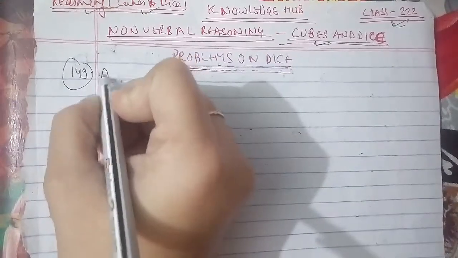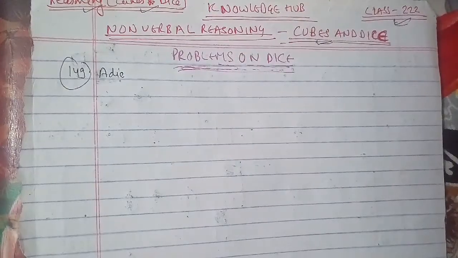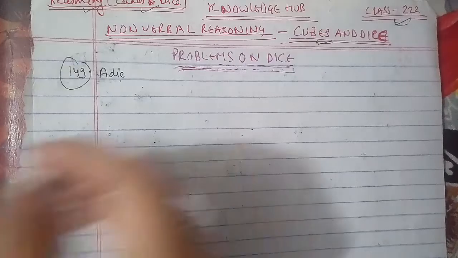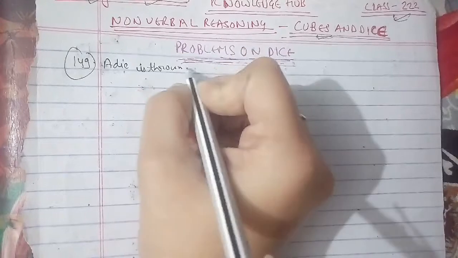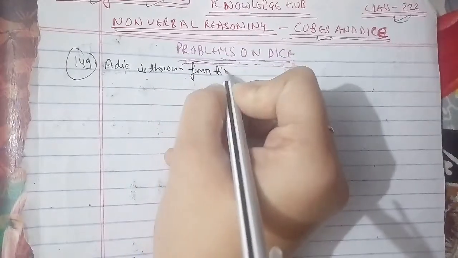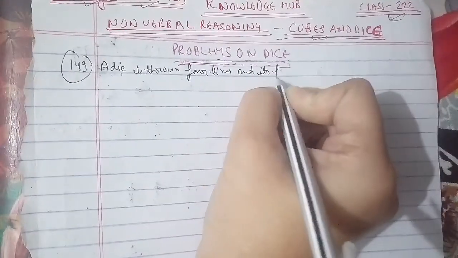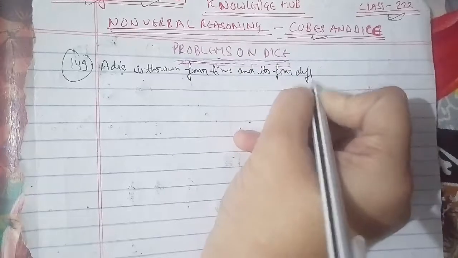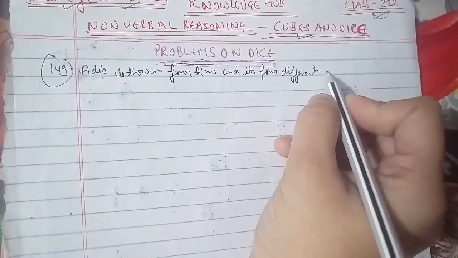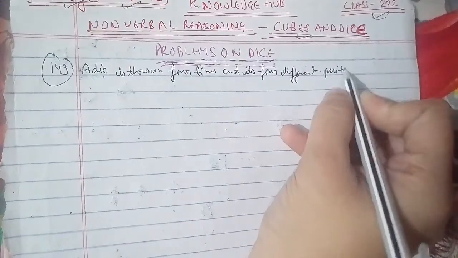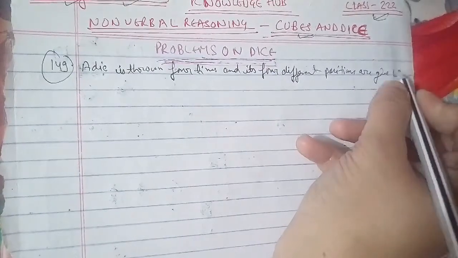The question is, a die is thrown four times and its four different positions are given below.